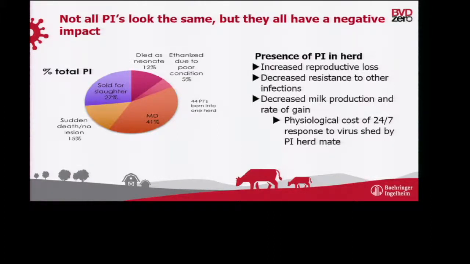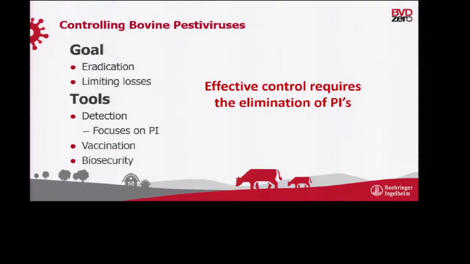It's too busy fielding these BVD balls coming in trying to get into their net. You have decreased milk production and rate of gain because you're using too much of your physiological bank to fight off these viruses. So controlling bovine pestivirus infection always starts with elimination of the PIs.